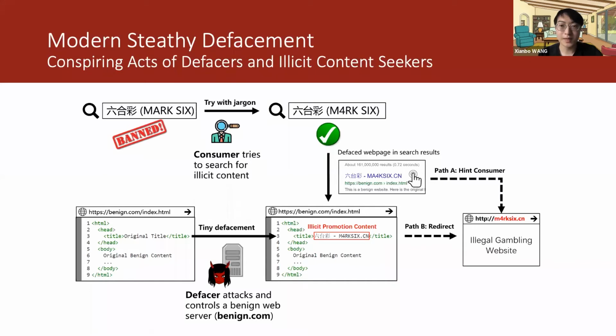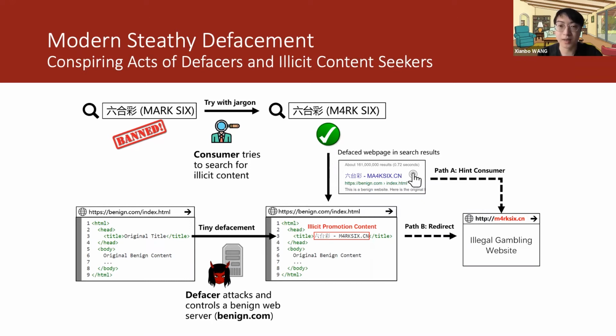However, we observe that the recent trend of defacement makes detection more challenging. This diagram shows a modern defacement campaign based on the conspiring act of defacers and their customers. When someone wants to search for some illicit content, his search terms may trigger the block by search engines or other detection systems. So he will try his luck with obfuscated keywords instead, or what we call jargons.